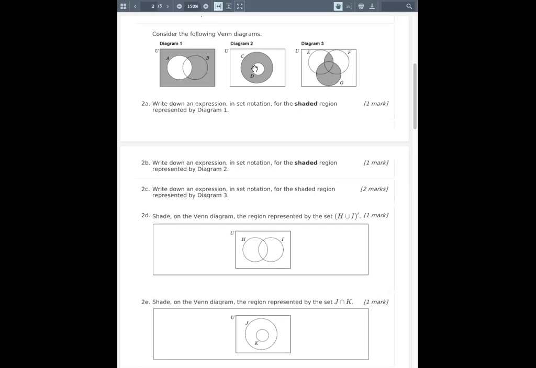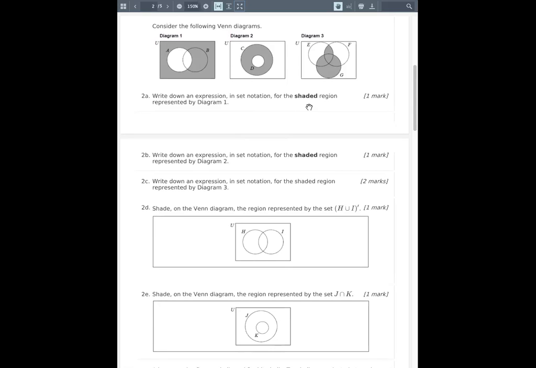Since the D circle is not shaded and the C circle is shaded, it would be C intersection D prime, because D is not shaded. So this little area right here would be C intersection D prime. Hope that makes sense. Or you could also say D prime intersection C. Okay, I'm going to move on.